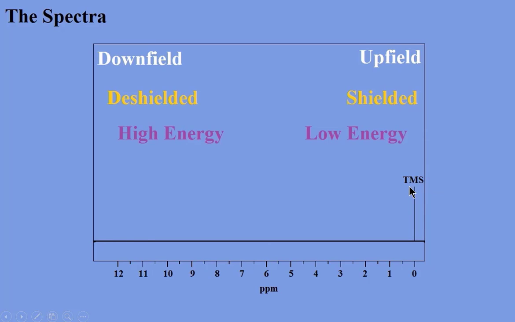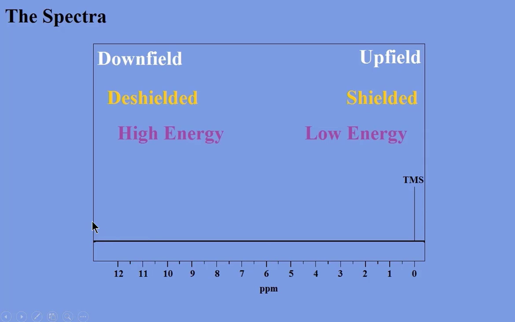So with the tetramethylsilane upfield at 0, that's some of our most shielded hydrogens. And so the effective field strength that they feel is at its relative lowest point, because the surrounding electrons and the magnetic field produced by those electrons is diminishing the field strength felt from the external magnetic field.